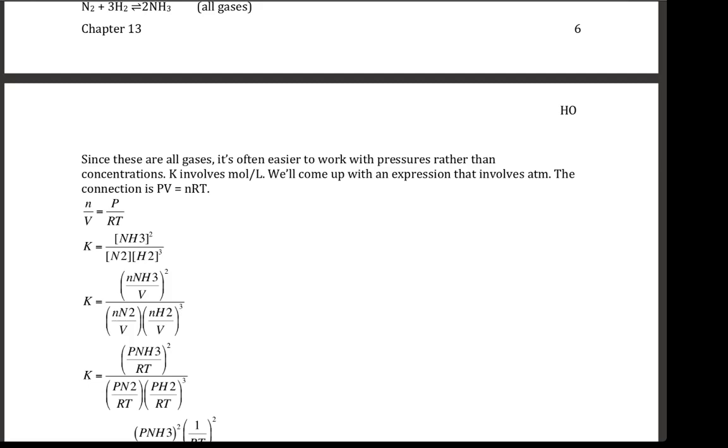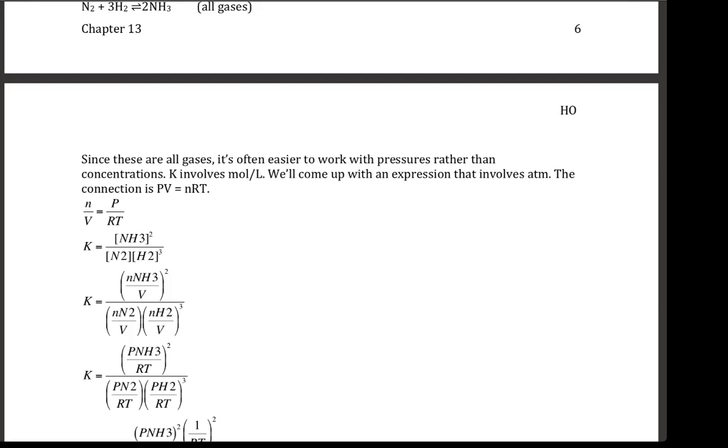K involves concentrations, moles per liter. We'll come up with an expression that involves atmospheres instead of concentrations. And the K for that, for when it involves atmospheres, we refer to as Kp, where P implies pressure.